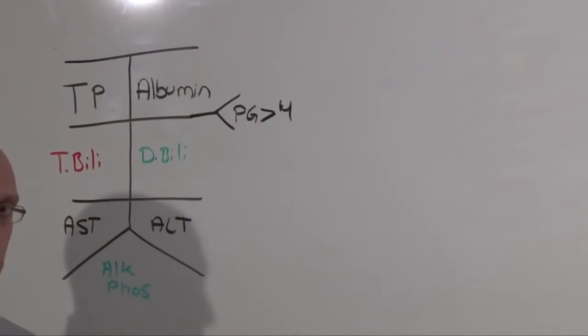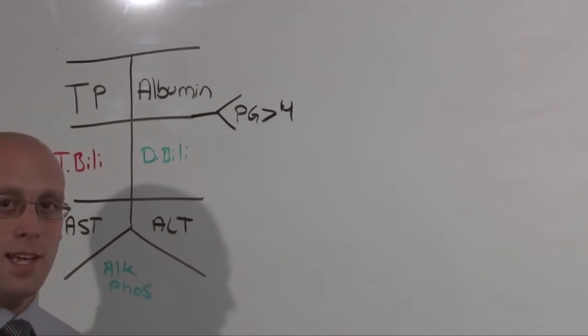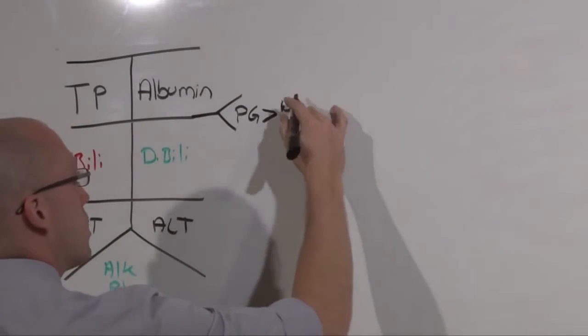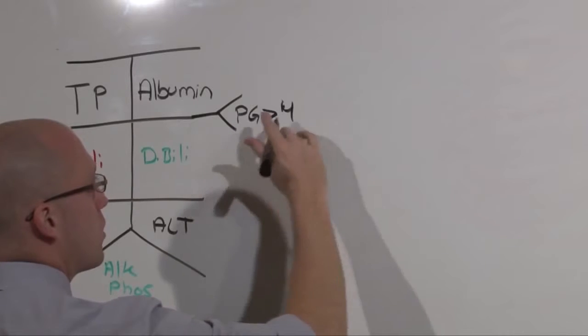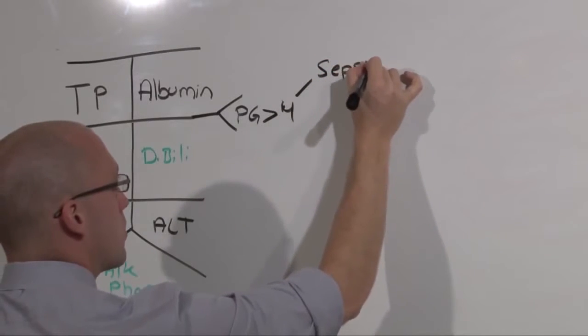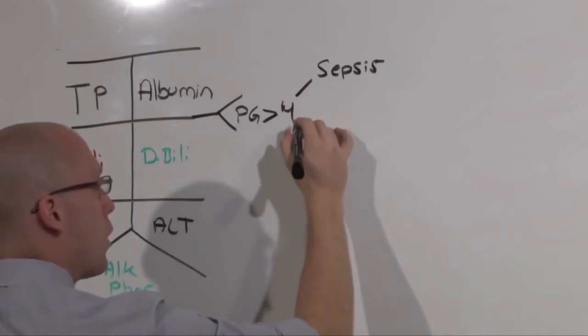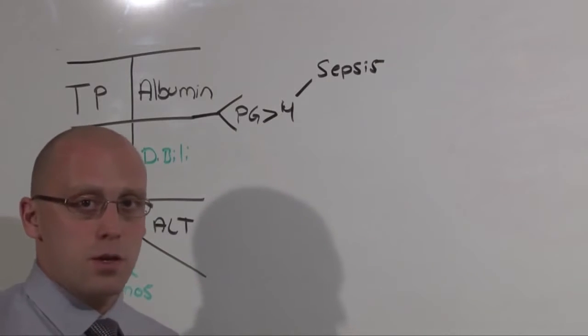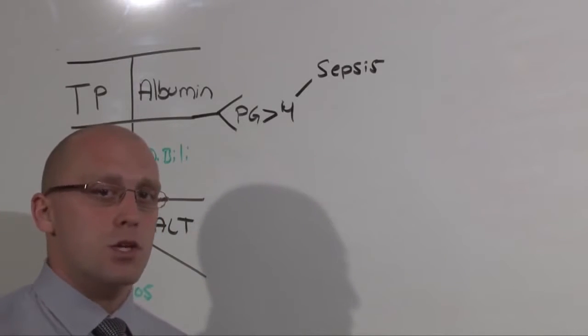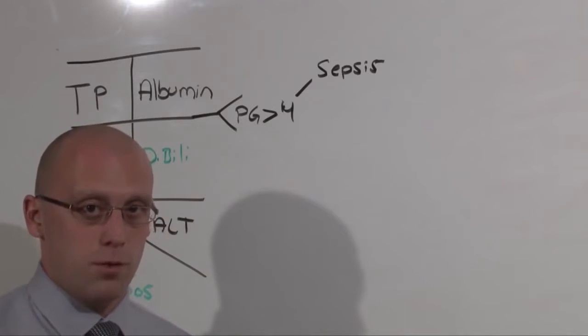The simplest form of this is just your own body's innate natural immunoglobulins doing what they're supposed to do. So a differential diagnosis for an elevated protein gap might simply be sepsis. But it can also be the things that people start to think of when they see an elevated protein gap. That is the chronic viral infections or cancers that are going to make extra proteins be floating around.